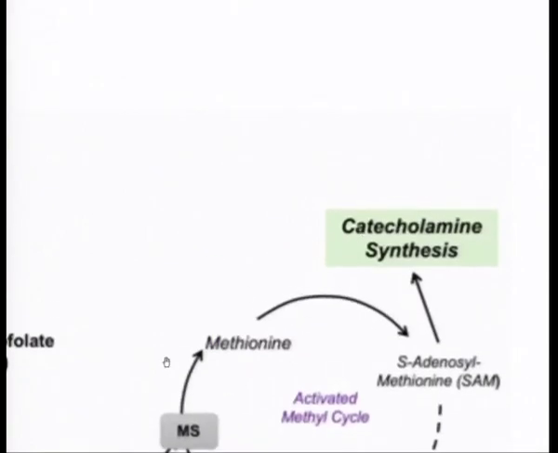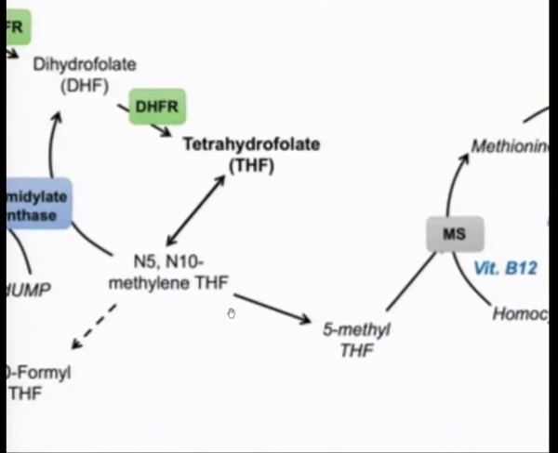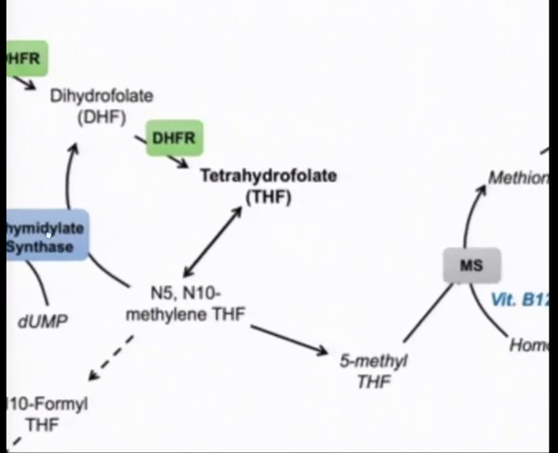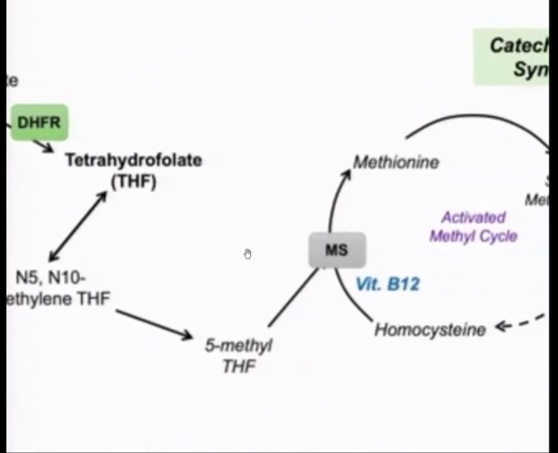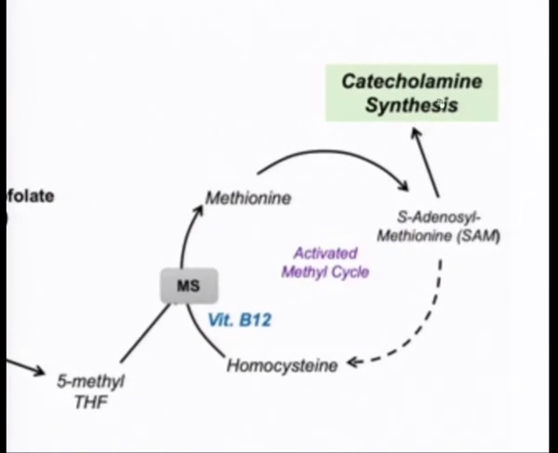So you see there the overall function of tetrahydrofolic acid, how they contribute to the smooth movement of one metabolite to the other, and how it makes sure other components in the metabolic pathway, especially the catecholamines, are synthesized.